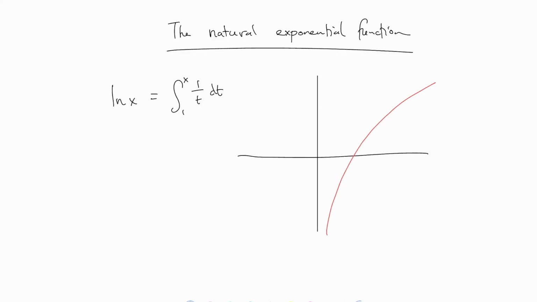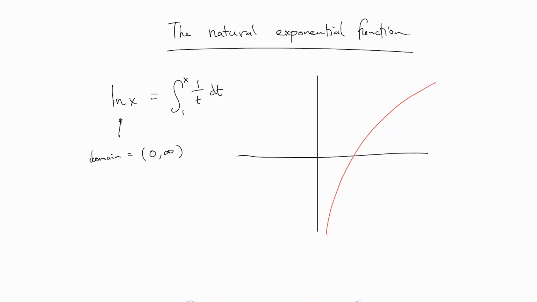Here, ln x has a domain, which is all positive real numbers. You're not allowed to plug in 0 or negative numbers. As an interval, it would be 0 to infinity, not including 0.